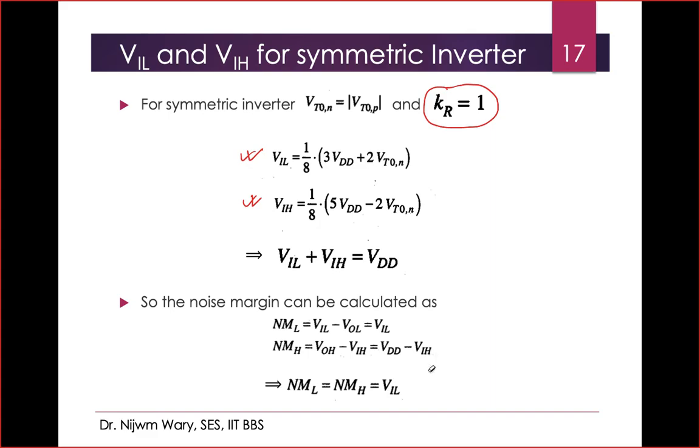As we have seen, if we just rearrange this, you will see that the noise margin at the lower side and the noise margin at the higher logic side are all equal to VIL because of the symmetric nature, because we know that VIL plus VIH equals VDD.